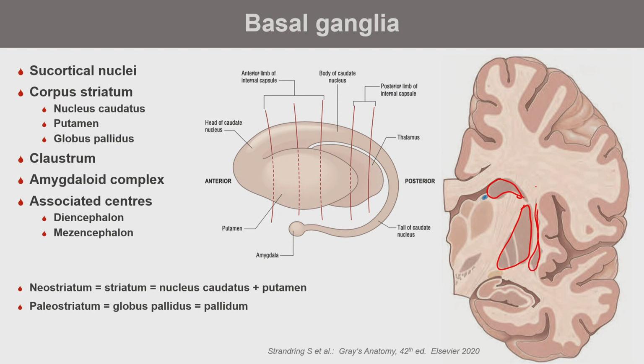They have an ovoid part which is called striatum, and corpus striatum has putamen, caudate nucleus.